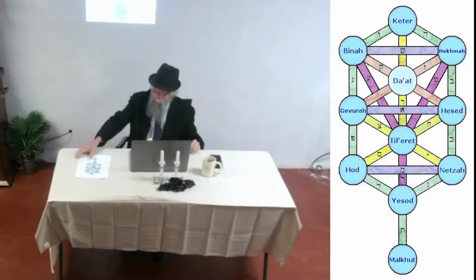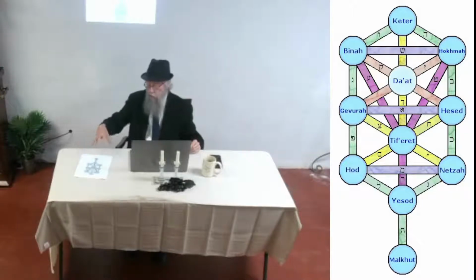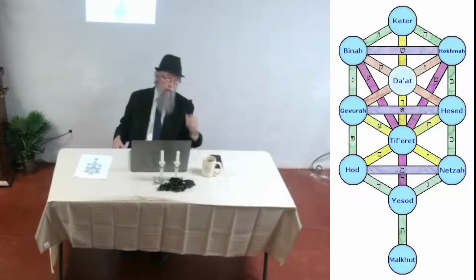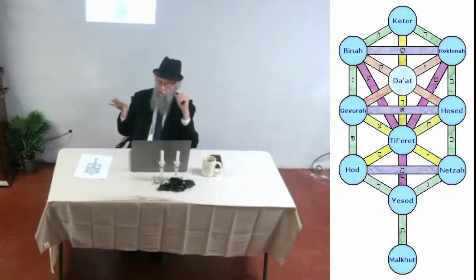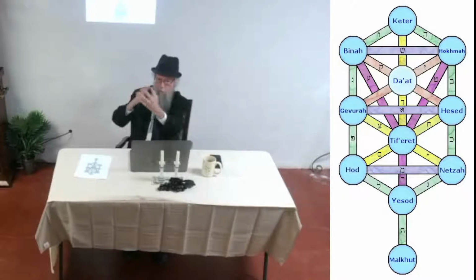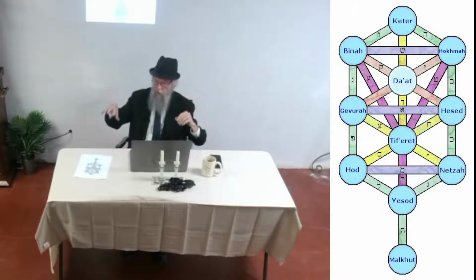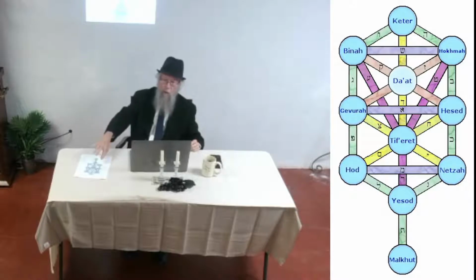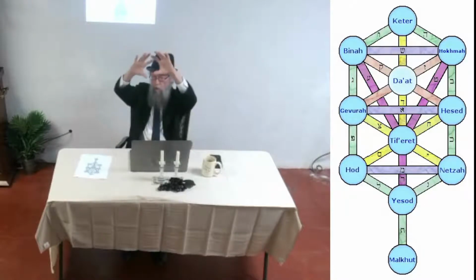This is an incomplete picture of the Tree of Life, because the Tree of Life is actually three-dimensional. So you have all four sides of it, and it's connected all the way around all four sides, with Tiferet in the middle as the central part.